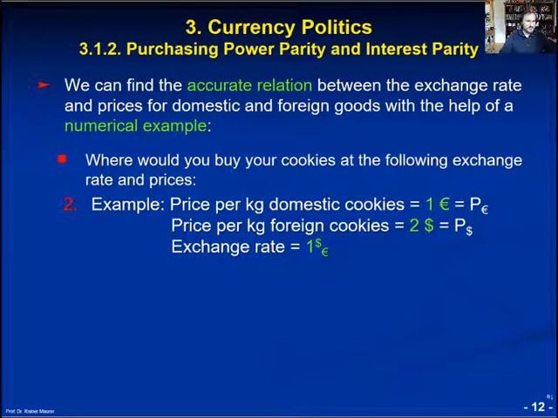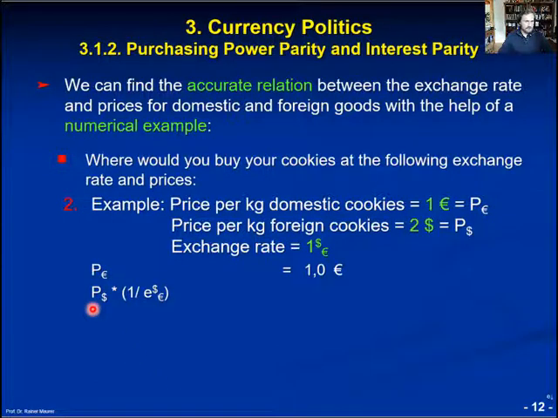What is now the price of a kilogram of cookies in the euro and the dollar area? Well, the euro price of cookies in the euro area is of course not affected by this change of the exchange rate. However, we will now receive a different euro price of cookies in the dollar area.